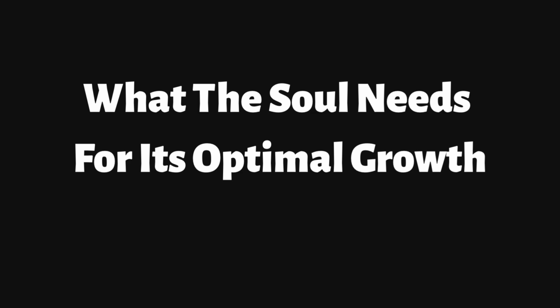So if you have the proper nourishment, you have the sunlight or a source of light, you have water to help replenish and hydrate, those are the things that a plant needs for its optimal growth. Those are very basic things.